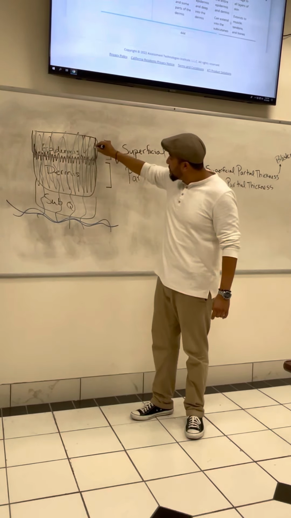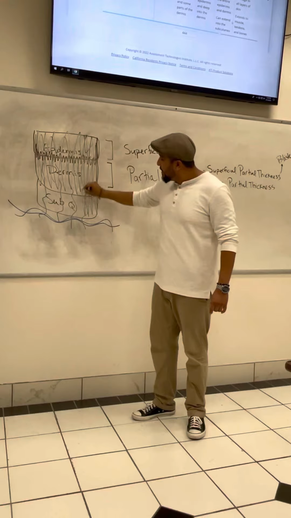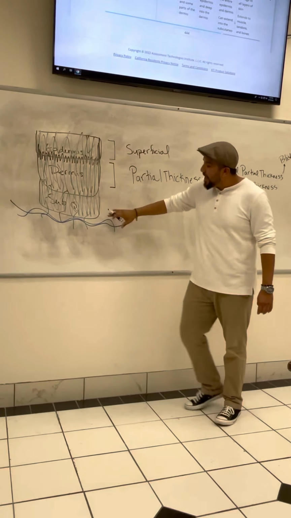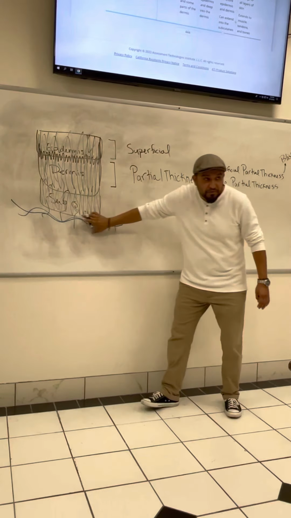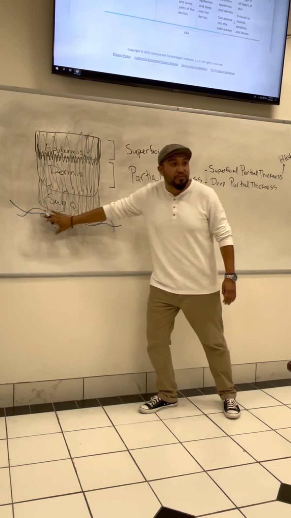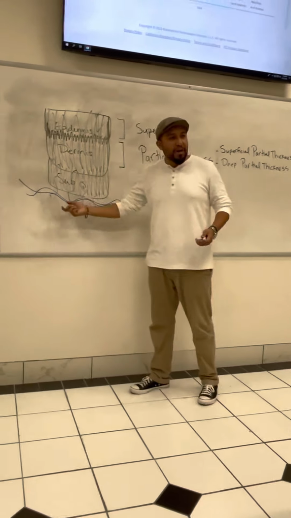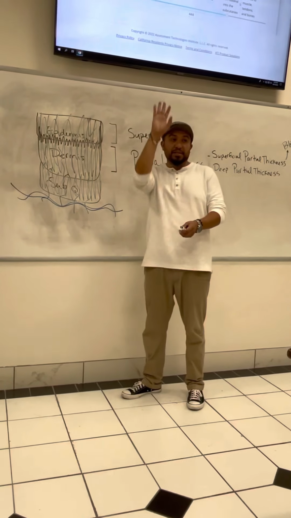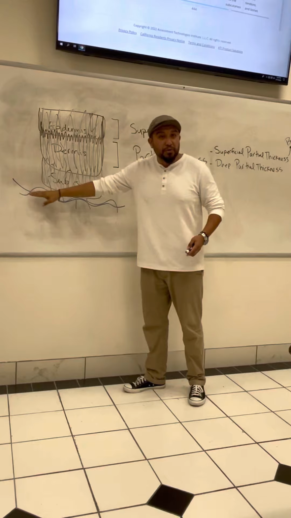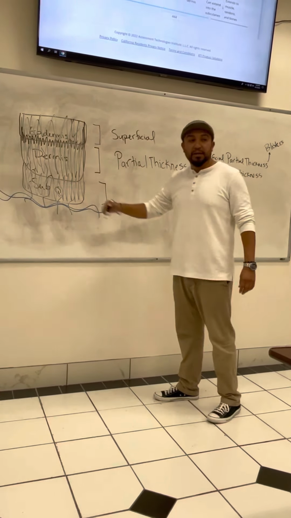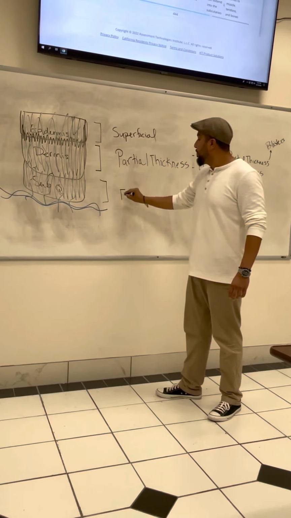But once you get down to the full thickness burns, you have this part right here, that's where you have the main source of vascularization and the main source of nerve stems. So not the stem cells, but the main branches of the nerves that eventually extend into the skin, they're down here also. So when you have a burn that goes all the way down to the subcutaneous tissue, we call that a full thickness burn.